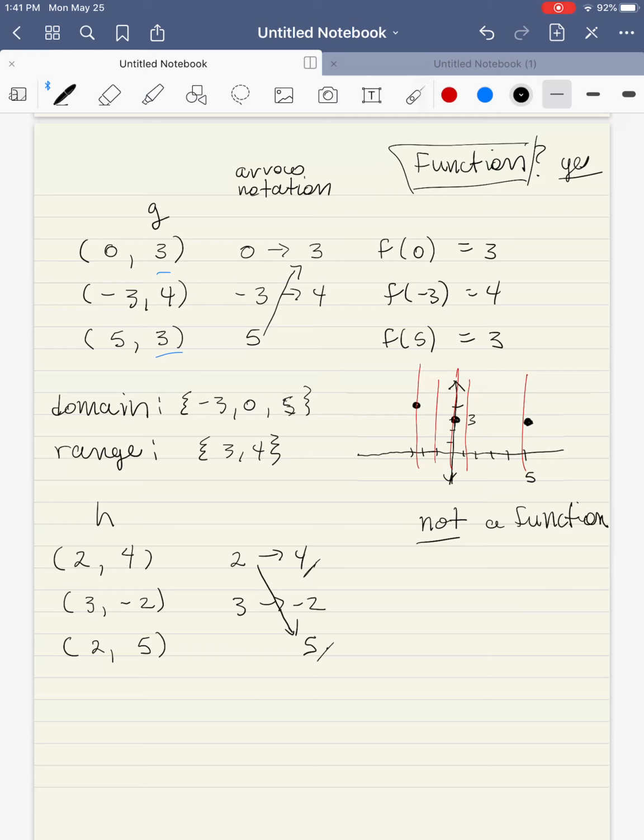And there's a couple of ways I can see that. If I were to graph this, I have the point 2, 4, and the point 3, -2, and the point 2, 5.